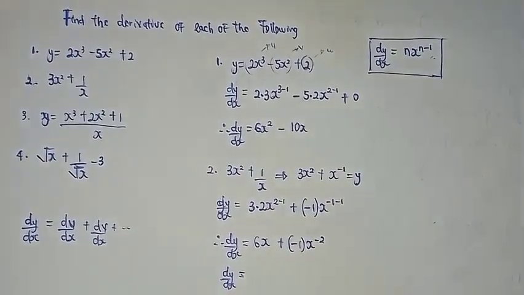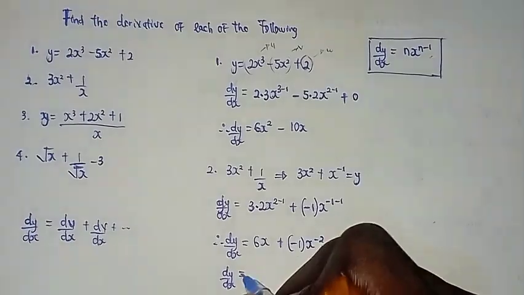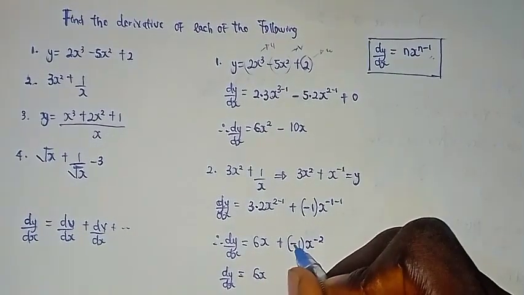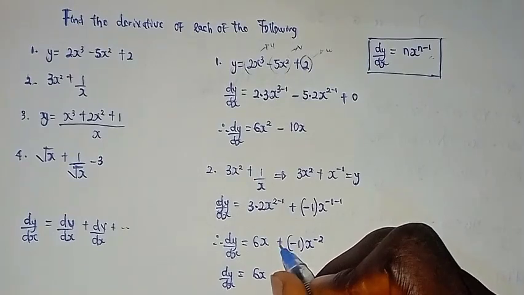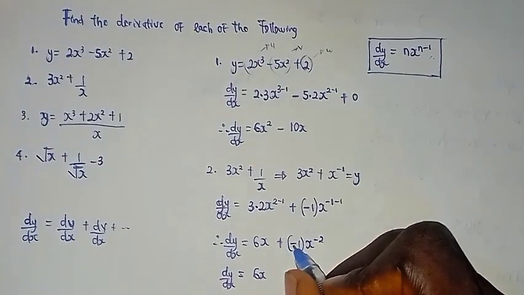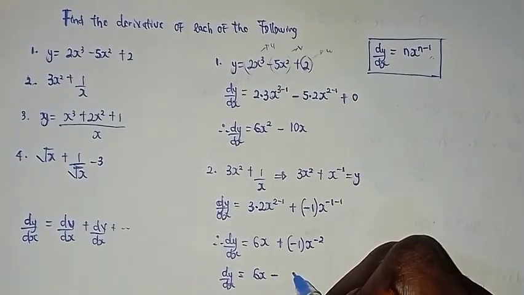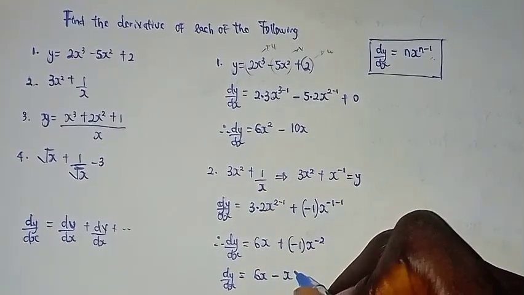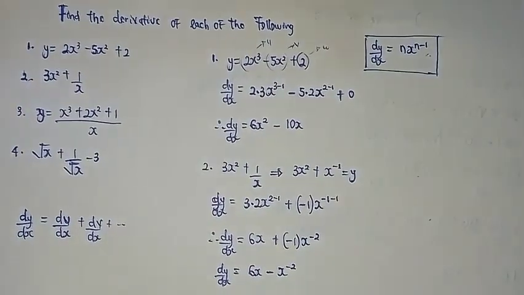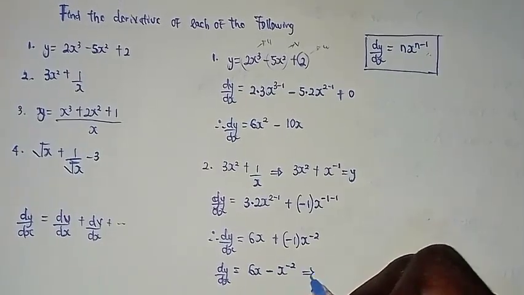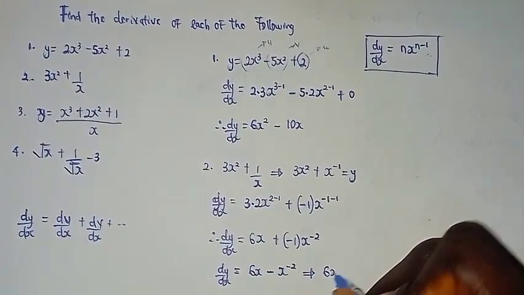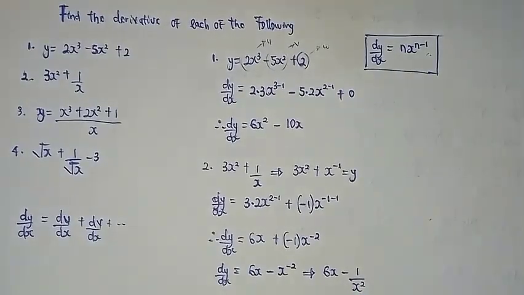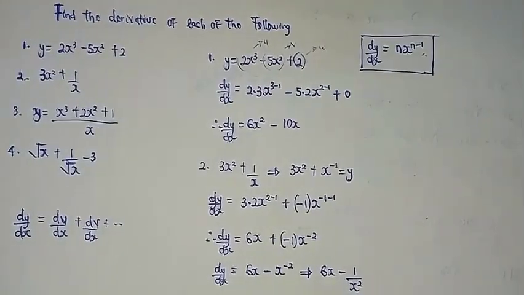So this becomes 6x plus, multiplied by minus, x raised to the power minus 2. We can simplify this further to be 6x minus 1 all over x squared, from the laws of indices.